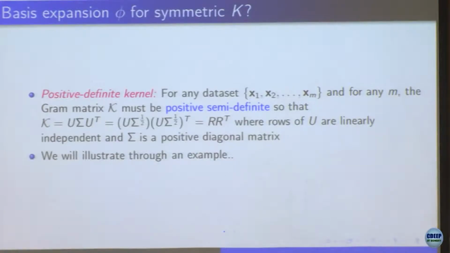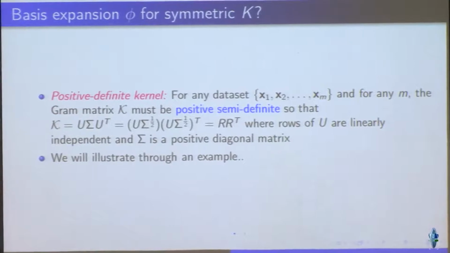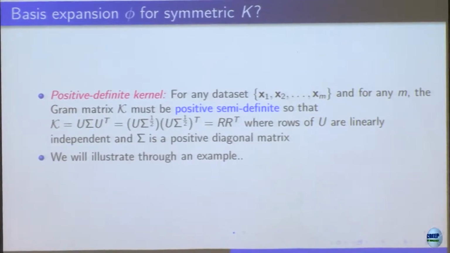For any data set x_1 to x_m, any Gram matrix must be positive semi-definite. We can compute multiple decompositions; one is the Cholesky decomposition, and you can also use the singular value decomposition. What do all these decompositions give you?